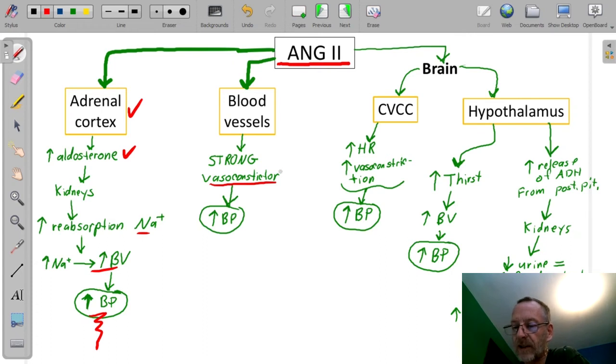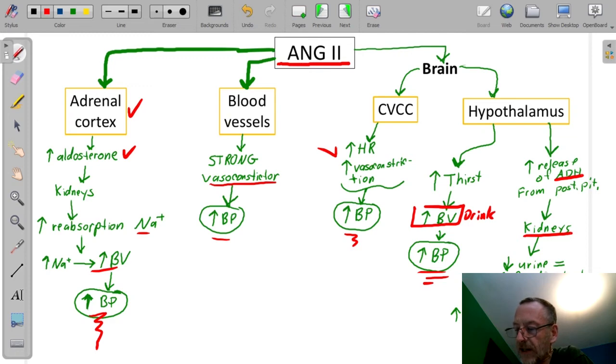The cardiovascular control center, we've been through this one several times. That should be pretty straightforward. And the hypothalamus, increased thirst, leads to increased blood volume, drinking. And that will lead to increased blood pressure. And the hypothalamus and ADH, again, ADH targeting the kidneys. And there is less urine. So we retain more of the blood volume, and that will help with blood pressure.